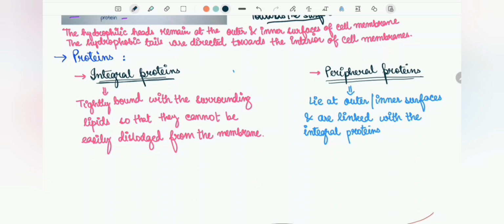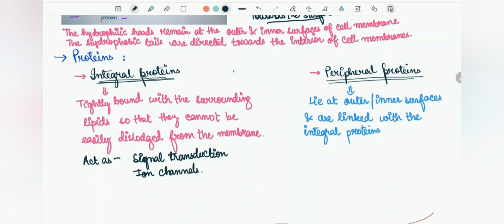Right? Now, the integral proteins act in signal transduction. They can also act as ion channels.